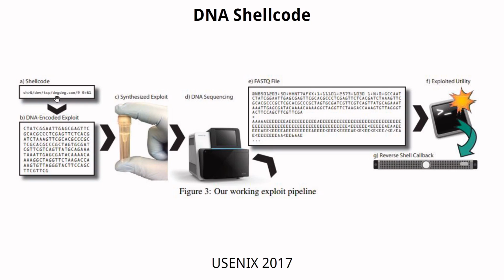Then they developed some shellcode, encoded that into CTAG, then they synthesized that into real DNA in this small tube. Then they used the DNA sequencer to read that. The DNA sequencer reads something like this, and this is input into the software to analyze the DNA, which has a vulnerability.